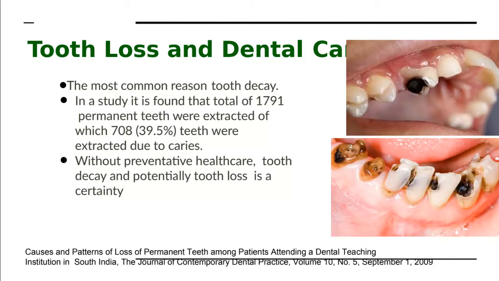Of these, 708 teeth were extracted because of caries. So this amounts to 39.5% of the total 1,791. So 708 teeth were lost because of caries, and this forms the major cause for the tooth loss, right?